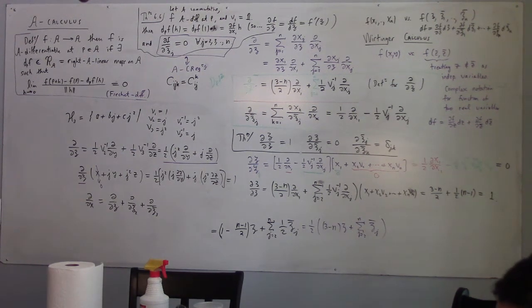Is it supposed to equal out to 1? Is partial x supposed to equal 1? Yeah, that's 1. Okay.